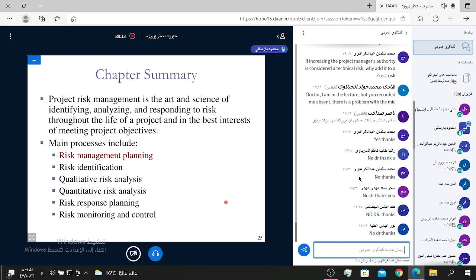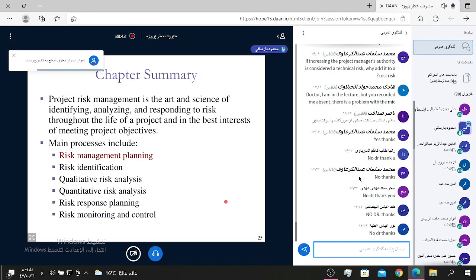to risk throughout the life of a project and in the best interest of meeting project objectives. And the main processes of risk management include: first, risk management planning, or making a risk management plan.